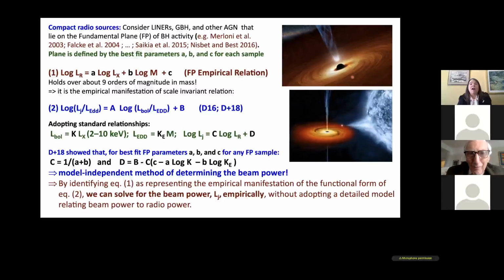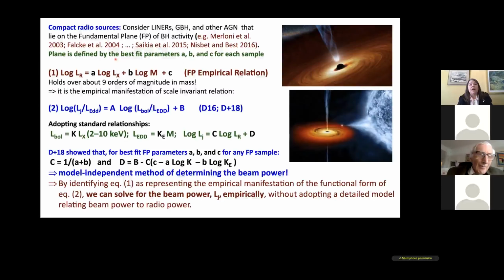And the fundamental plane was originally found, not including the black hole mass, for galactic black holes, stellar mass black holes that are parts of X-ray binaries. But then it was expanded to AGN in 2003 by Merloni et al. and in 2004 by Falcke et al. by including the black hole mass.